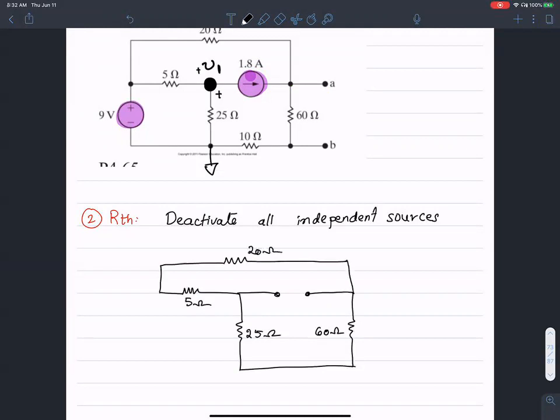And the voltage source, I'm going to deactivate by short circuiting it.